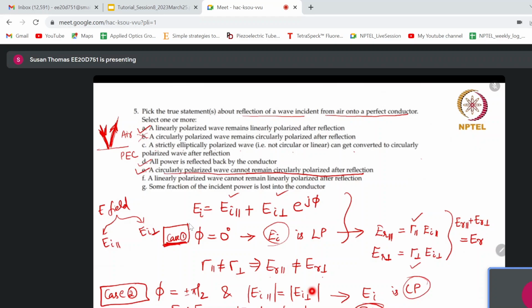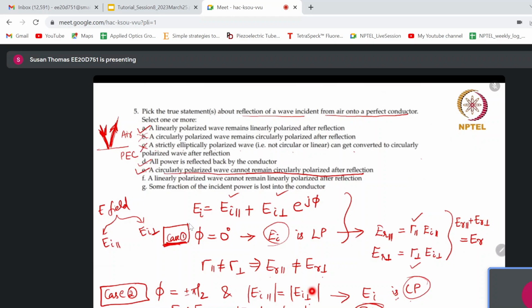Imagine that EI parallel is not equal to EI perpendicular, so the incident wave is elliptically polarized. Now, multiplying that by gamma, is there a chance that the reflected electric field components can be equal? That is not possible.